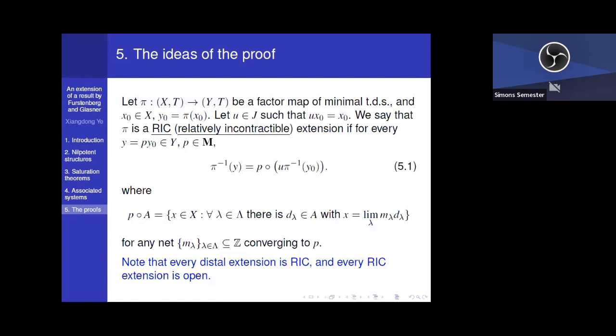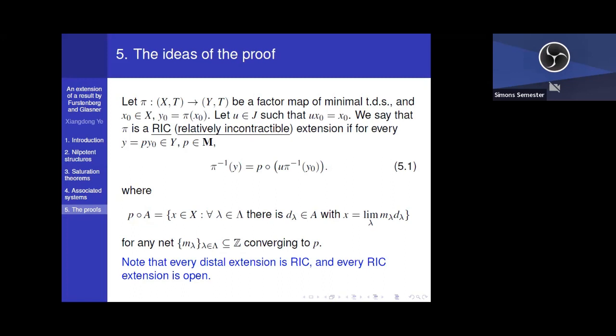Also, we need another notion called RIC. It's relatively incontractible. Here you need some very little knowledge from the Ellis semigroup. So you have the minimal idempotent, and UX is X. This is the universal minimal system. So you have this equality. This is called a circle operator.